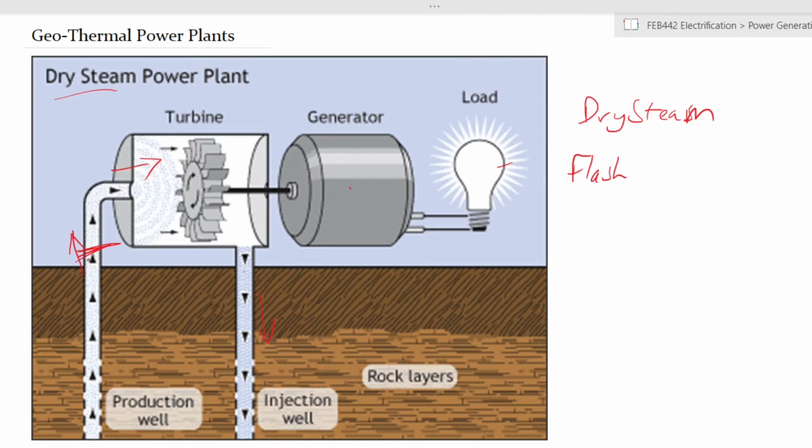And we have certain other types of turbines, like a binary turbine, whereby the water that you inject in is not enough in itself to turn the turbine.